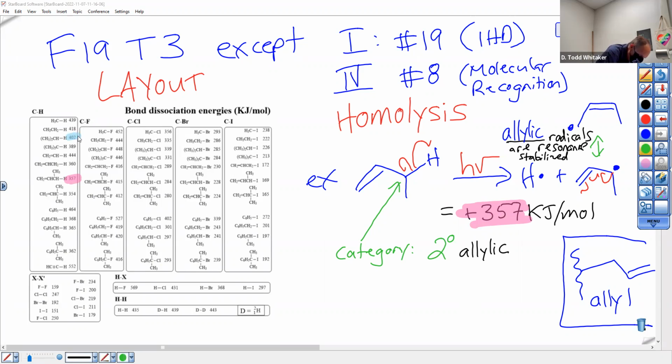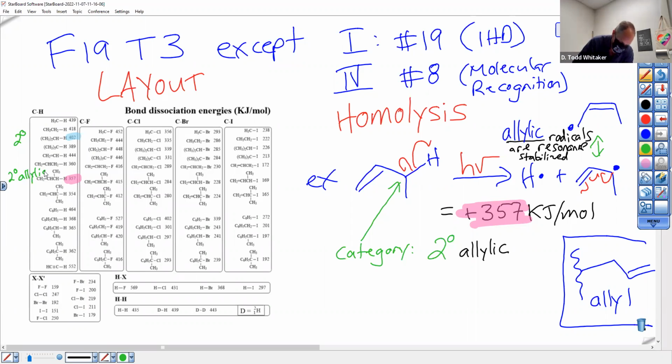This one is secondary. This one is secondary. Allylic. Big difference. Huge difference. 45 kilojoules. That's about a 10% difference. So you think this allylic's important? You better believe it is. Yes.